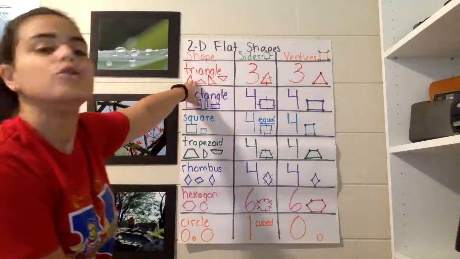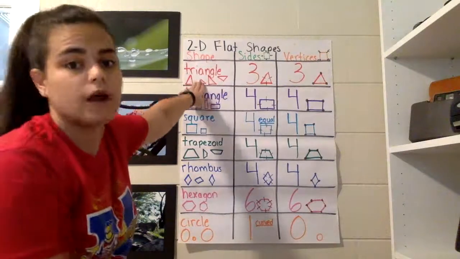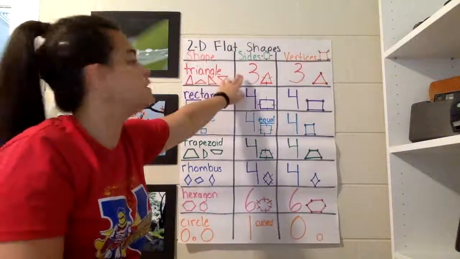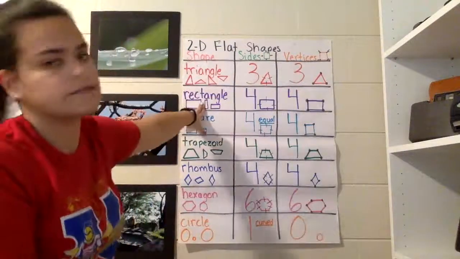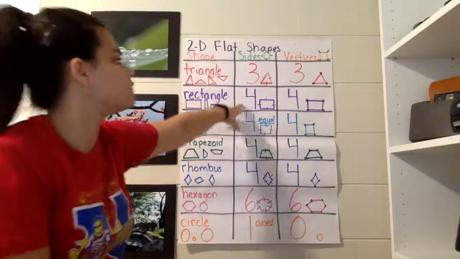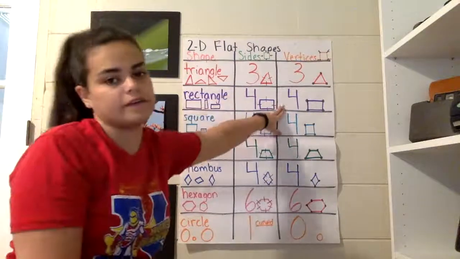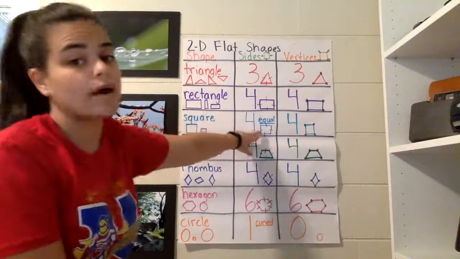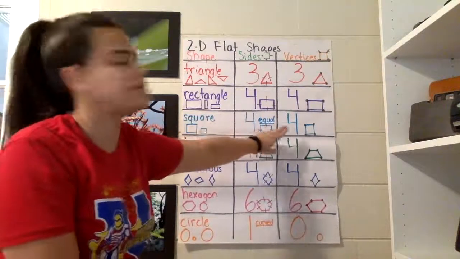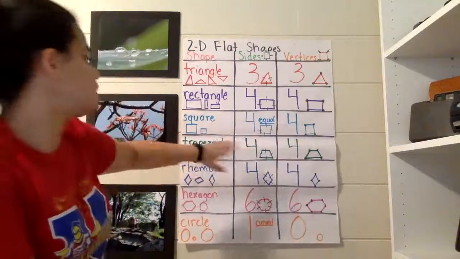Okay, ready? Triangle. A triangle has 3 sides, 3 vertices, okay? Rectangle. A rectangle has 4 sides, 4 vertices, okay? Square. A square has 4 equal sides and 4 vertices. Trapezoid.